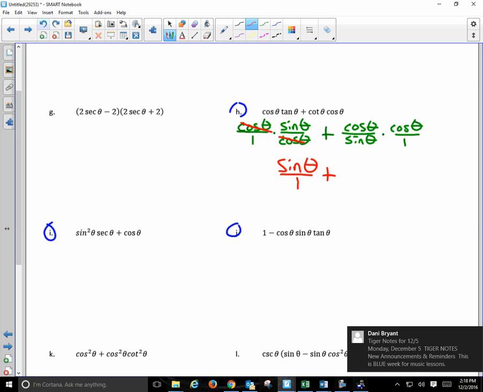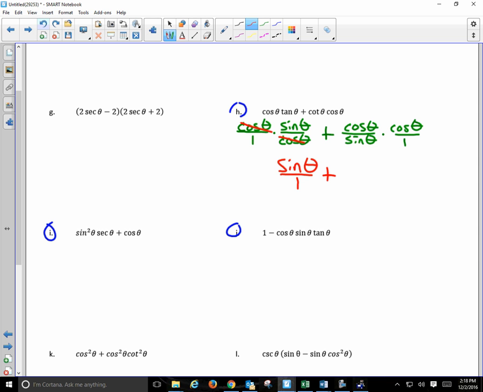Plus, what's in the numerator here? Cosine squared over sine. Wouldn't it be nice if there was something that could kind of help me out there? If I see a sine squared, I either need a 1 or I need a cosine squared, don't I? There's nothing I could substitute in.